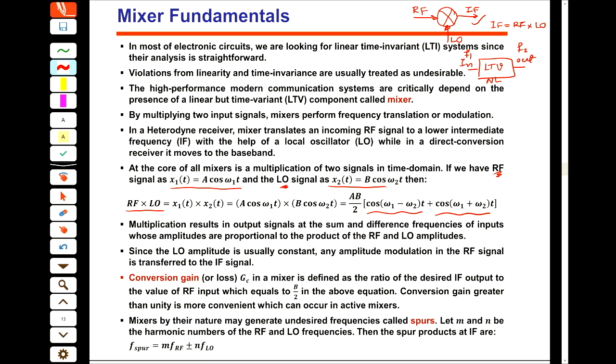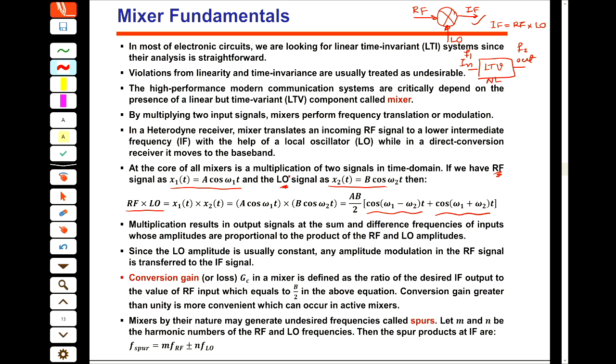So we have one input. For example, assume that we have an input RF, okay, and LO is inside the system. So we have the input RF, only one input, and the LO is inside the system. Then in the input we have only frequency omega 1, but in the output we have other frequencies. So this system could be nonlinear or LTV.